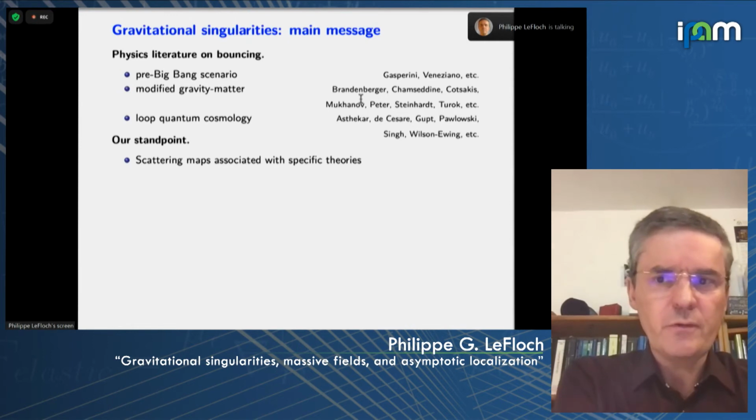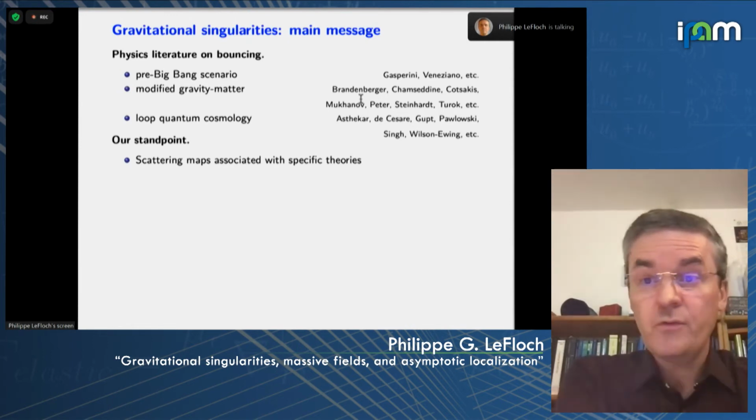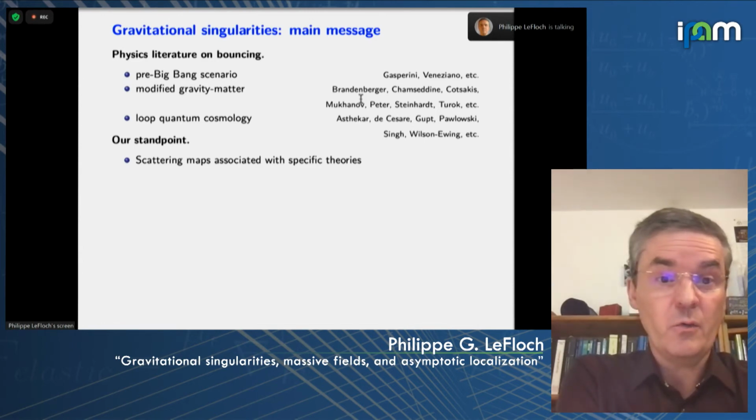So here I put a number of names and models that some of you, maybe most of you, will know. Pre-Big Bang scenario, modified gravity matter models, loop quantum cosmology.